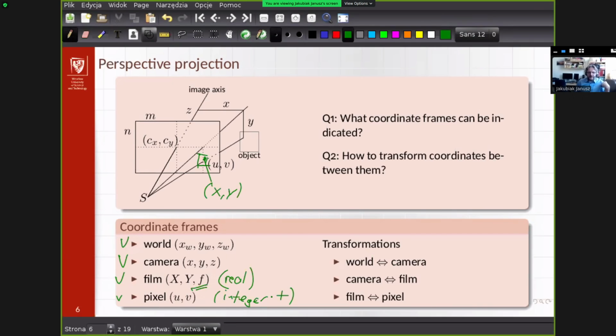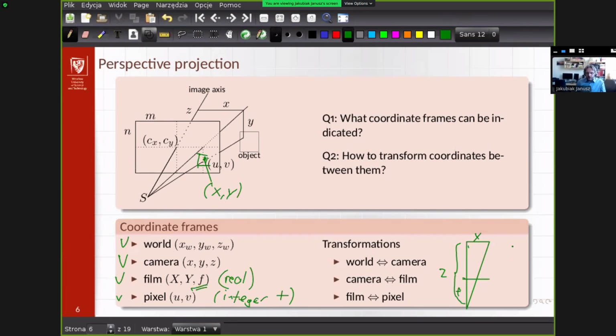But what happens with the transformation between camera and film? What do you need to know? That's just a perspective projection. You have, for example, the X value here, the Z value here, and f here.